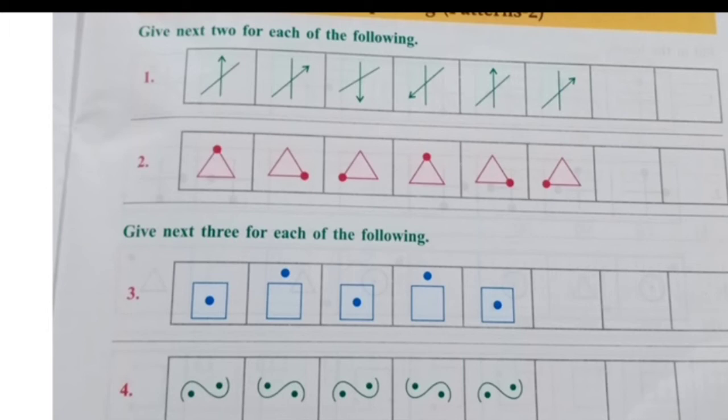Go through next. Give next two for each of the following. Understand it, students, and then go ahead. Okay. Now see in the first option what is shown.